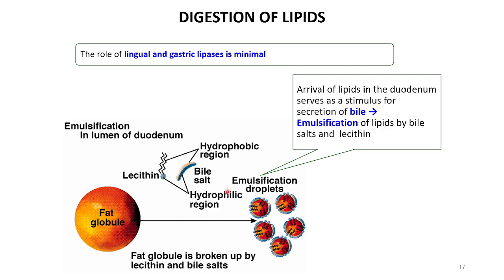And this allows the breakdown. So bile salts are important for the emulsification of fat. This is the first and important step in fat digestion, turning big droplets of fat into fine emulsion, increasing the surface area for the lipases to act on.